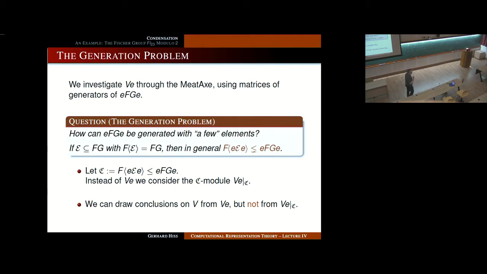And this is one of what I meant when, in my second talk on the modular atlas project, I told you that some modular character tables are known up to condensation. It's exactly that problem that has to be solved, this generation problem for these condensed algebras.